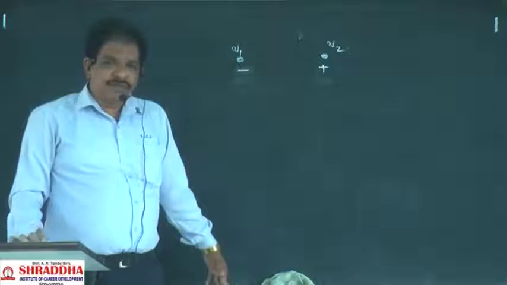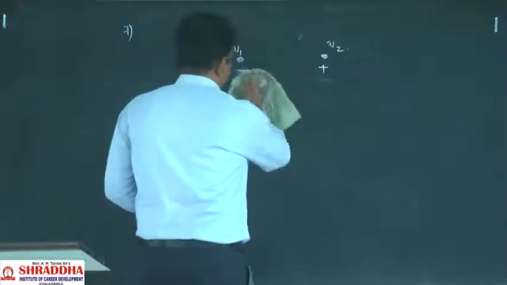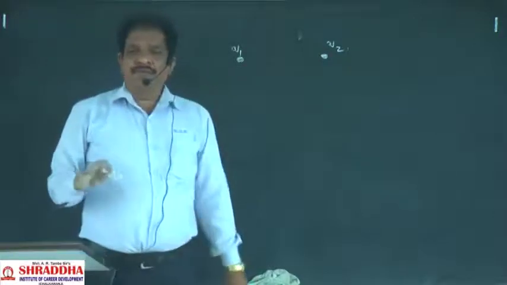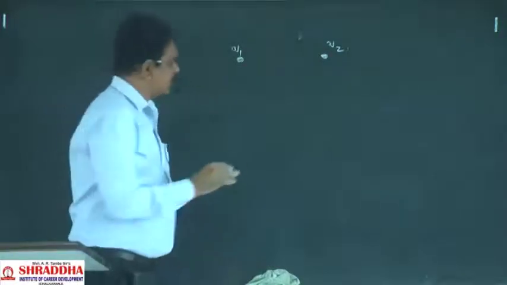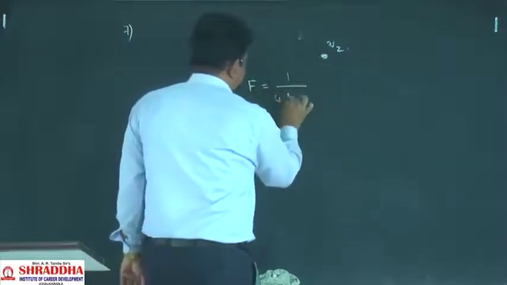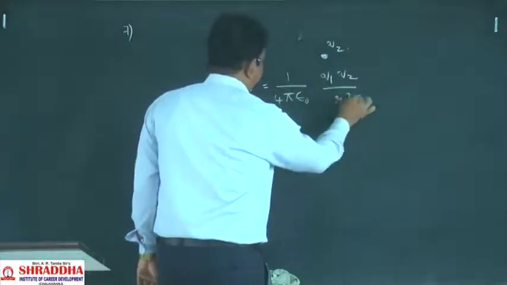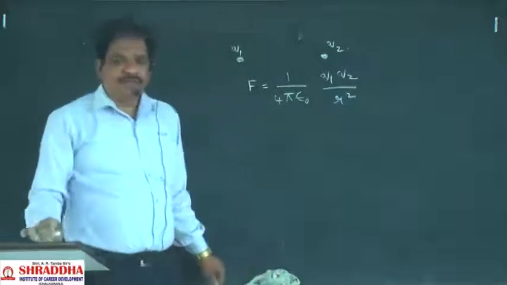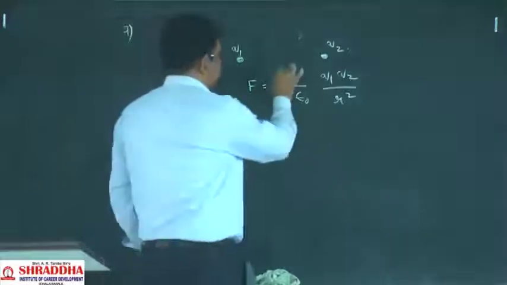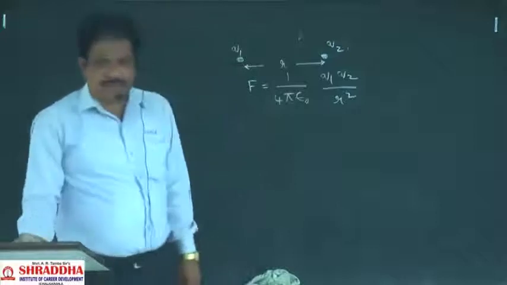Okay. If one is positive and another is negative, they will attract each other. Okay. The force of attraction or repulsion between 2 point charges is given by the formula F is equal to 1 by 4 pi epsilon naught Q1 Q2 by R square, if these charges are separated by a distance of R in vacuum.